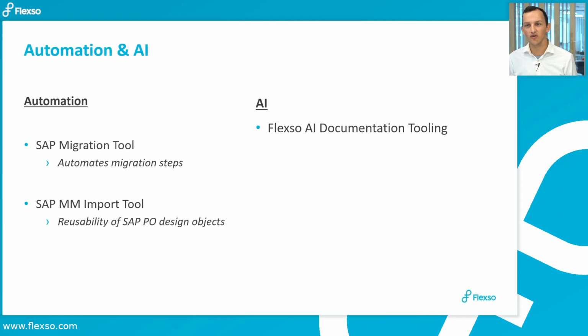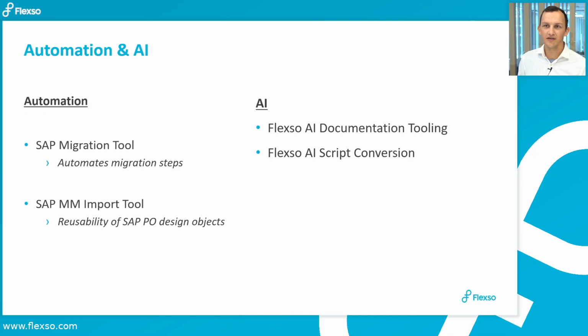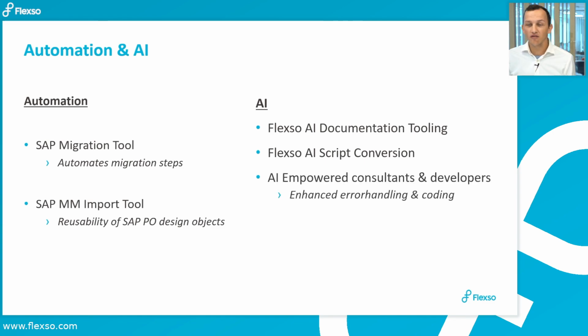We have a Flexo AI documentation tool, which allows us to just document integration flows with the click of a button. AI script conversion, converting Java mappings to XSLTs or Groovy scripts. All of our consultants are also AI empowered, which means they're aware of the latest and newest trends within AI.